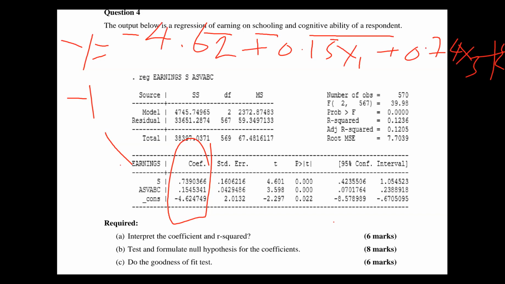Interpret the coefficients. Okay, holding all other variables constant, the constant is minus 4.62.